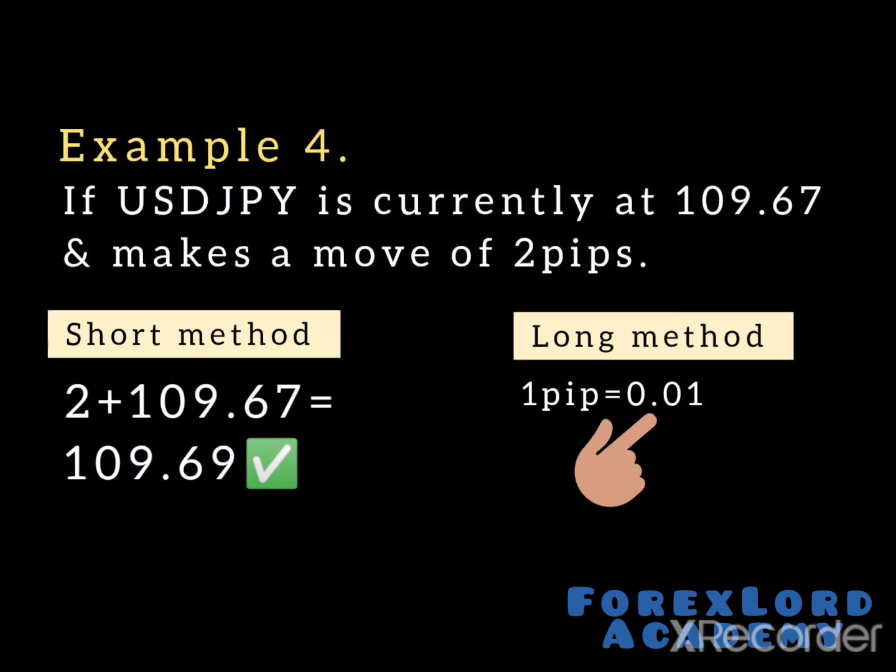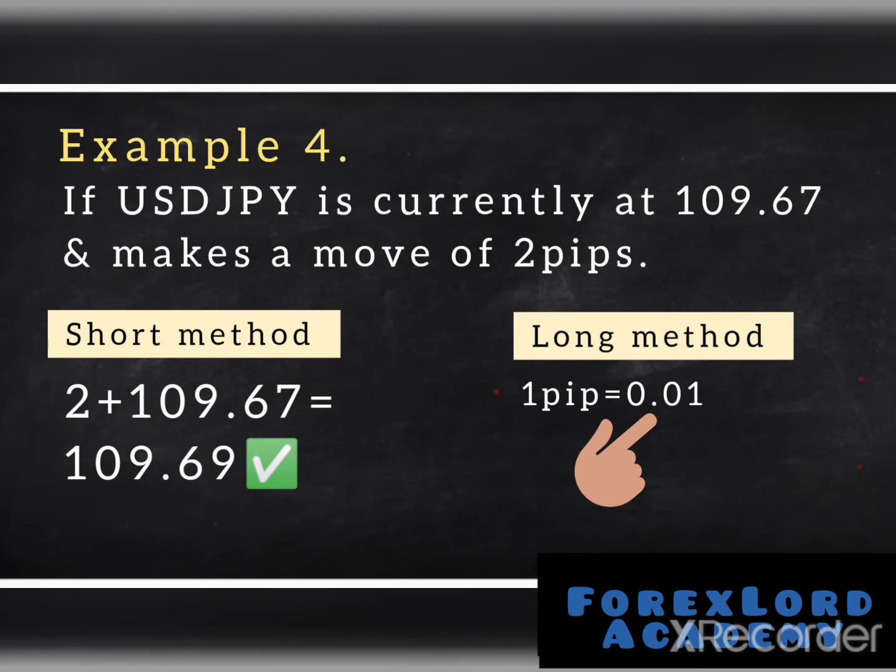So for JPY pairs, 1 pip is equal to 0.01. Henceforth, if a value of a JPY pair, which is 109.67, makes a move of 2 pips, what will be the new value? Short method: the value will be 109.69. Now let's go to the long method.